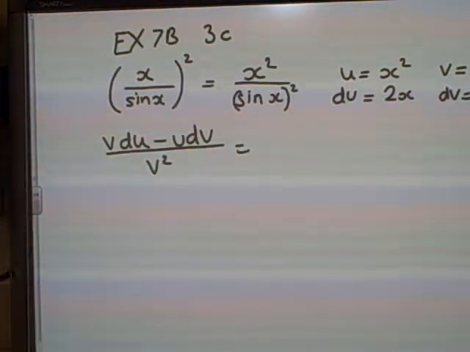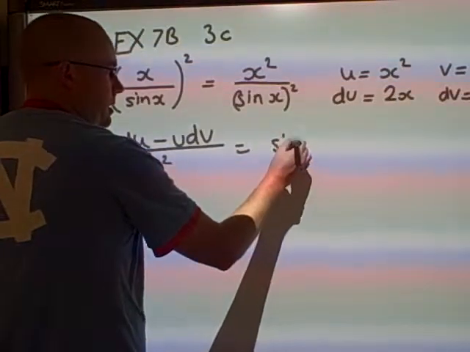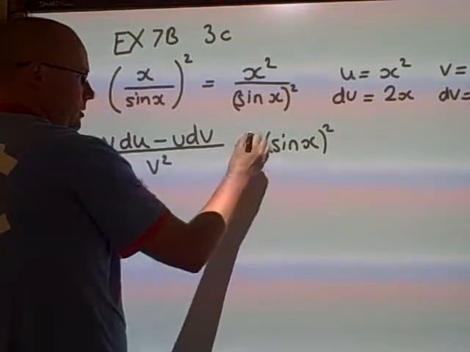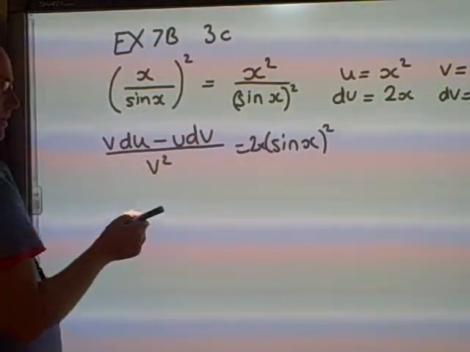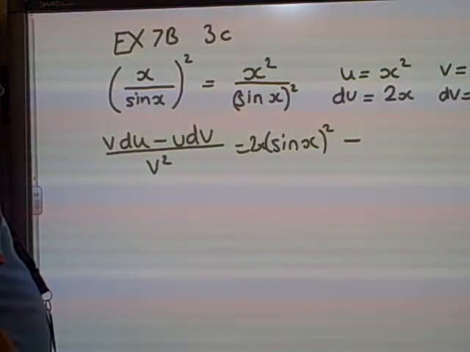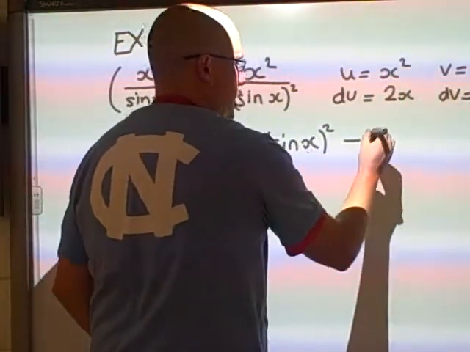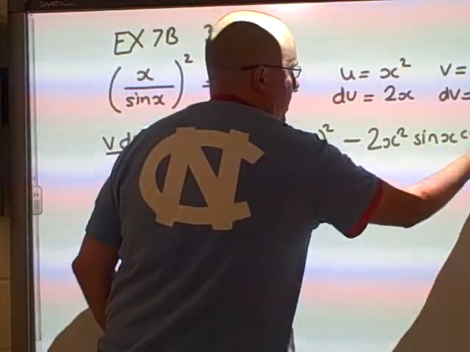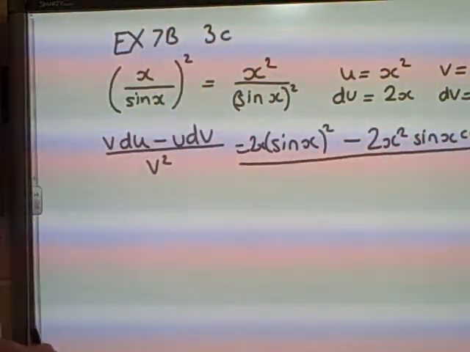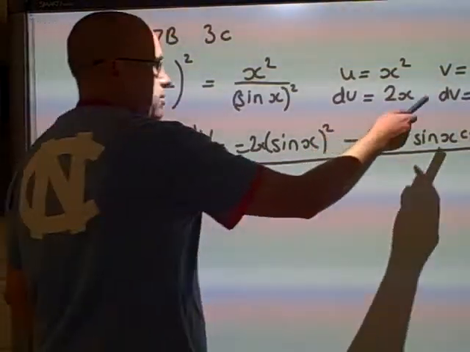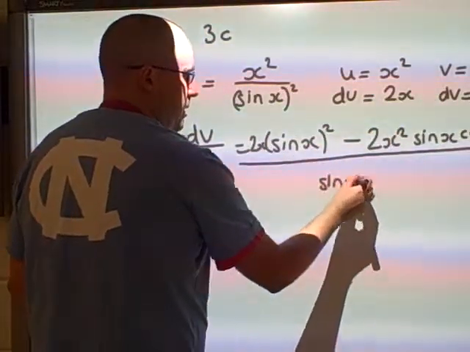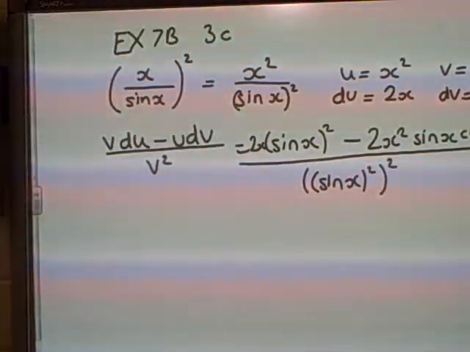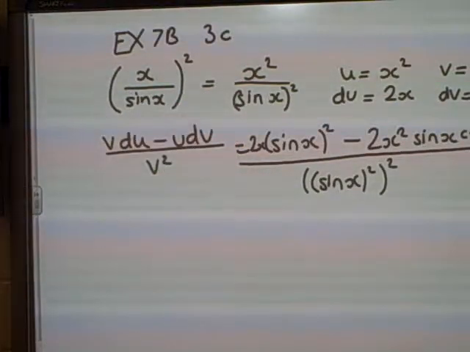So when we substitute in there, v is sine squared x, times by du, which is 2x, so I'm actually going to bring that to the front using the commutative rule, minus u dv, so x squared times by 2 sine x cosine x, so I'm going to write that as 2x squared sine x cosine x, all divided by v squared, which is sine squared x, squared. So we've got to make sure that we don't miss squaring what v actually is.